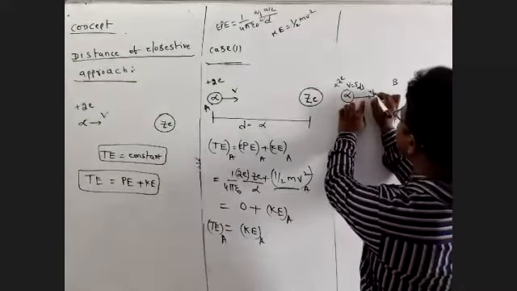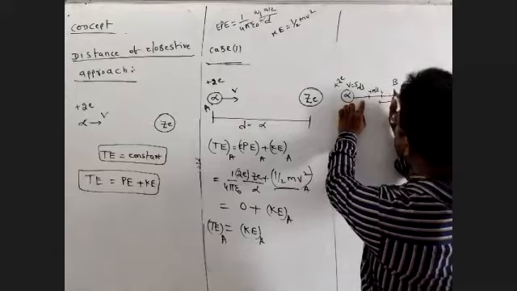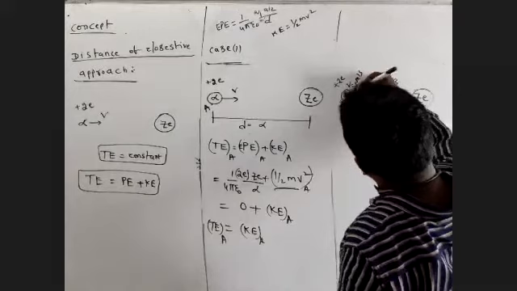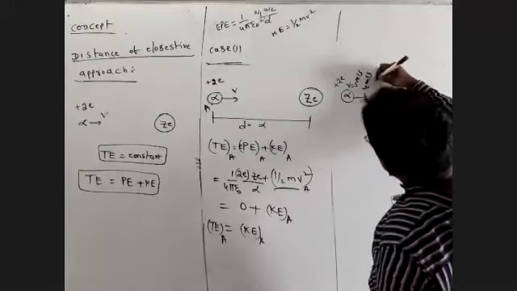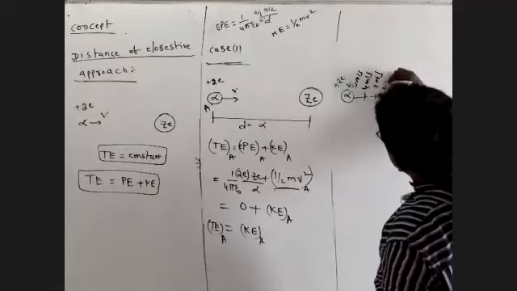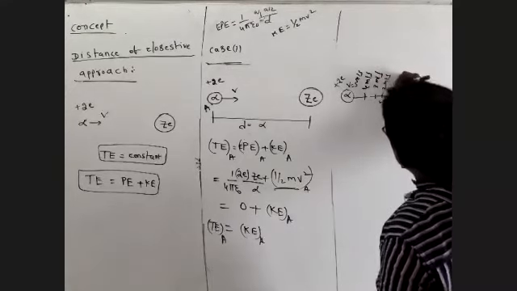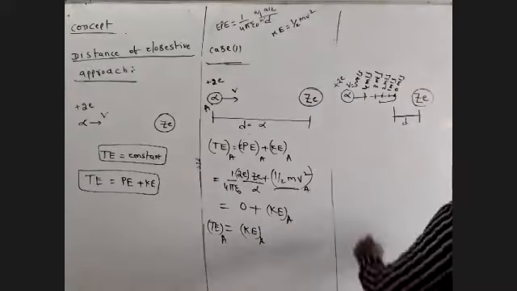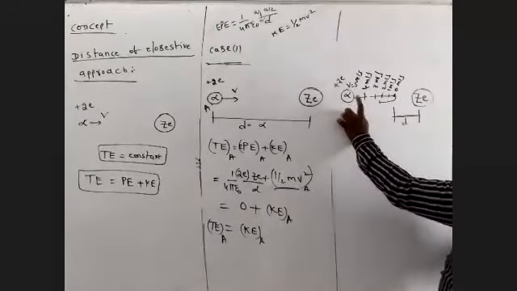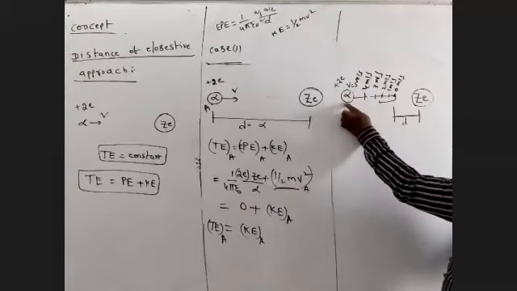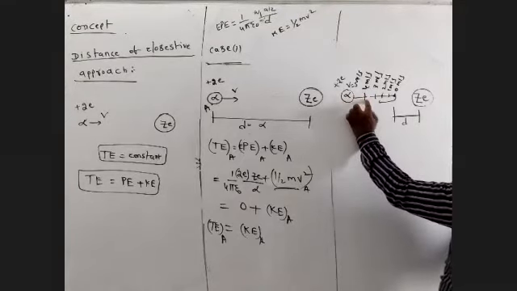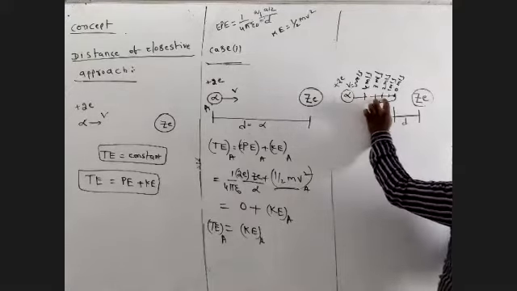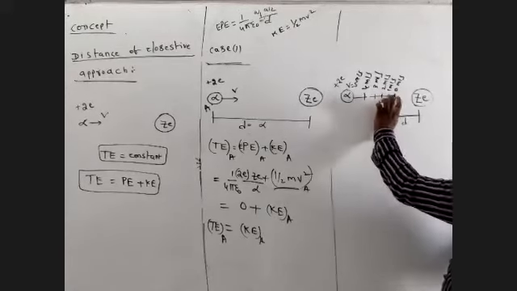At the next place it is 4 meters per second, then 3 meters per second, then 2, then 1 meter per second, and here it is 0 meters per second.